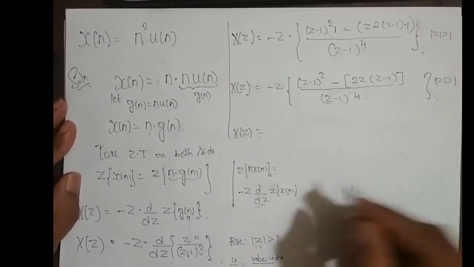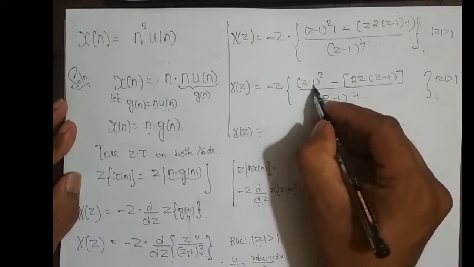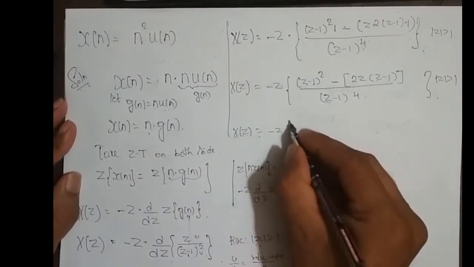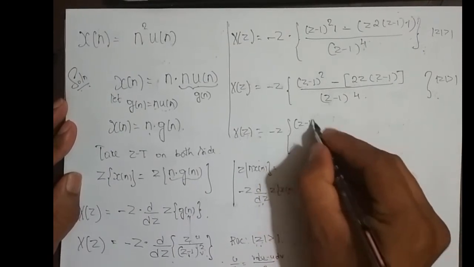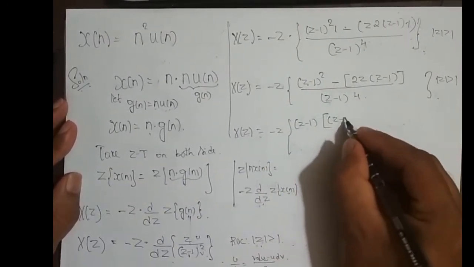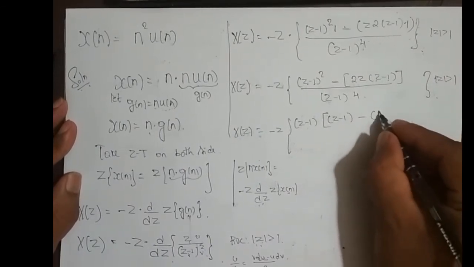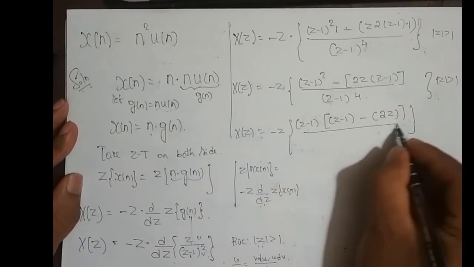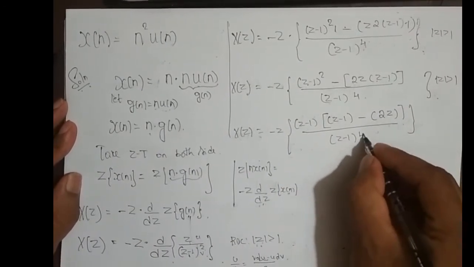I have a z minus 1 term here also, so I will take one (z minus 1) common, so this becomes (z minus 1) minus 2z, whole divided by (z minus 1) to the power 4.